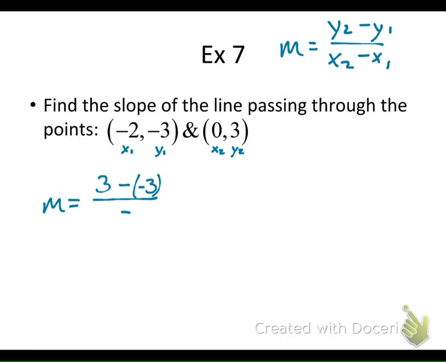But because we have a minus sign right here, and then a negative sign right here, make sure you're using these parentheses so it doesn't blend into one long minus sign, okay? And on the bottom, it says x2 minus x1. So x2 we know is 0 because we have it labeled, minus x1, which is negative 2. So I'm going to do that same thing with the parentheses.